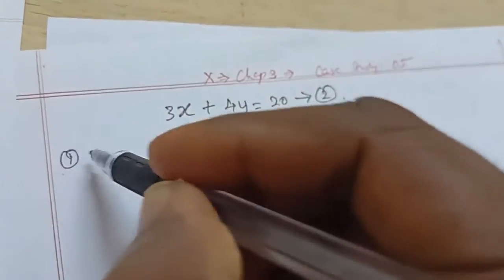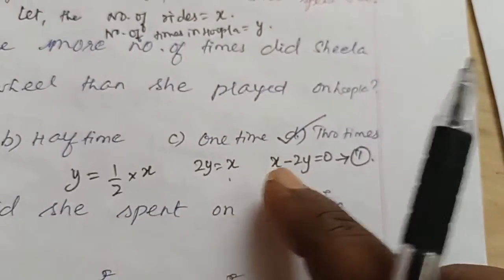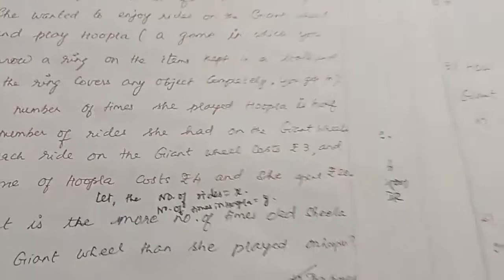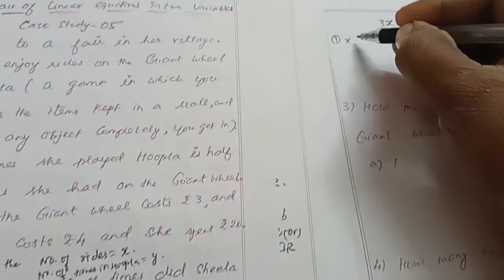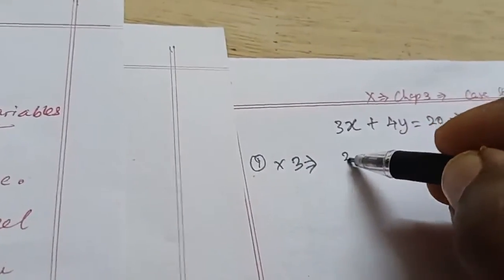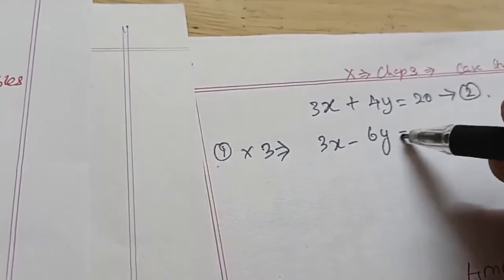Equation number 1 is x minus 2y is equal to 0. Here in equation 2 we have 3x but in equation 1 we have only 1x. So I am going to make them the same. I will multiply the first equation by 3, so 3x minus 6y is equal to 0.